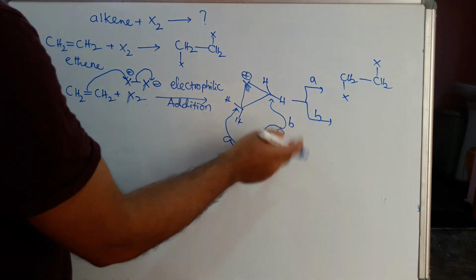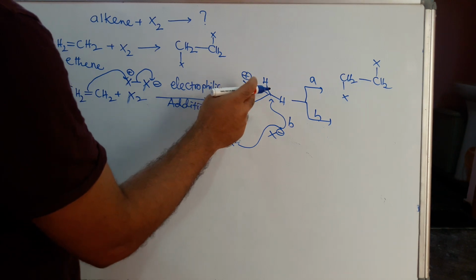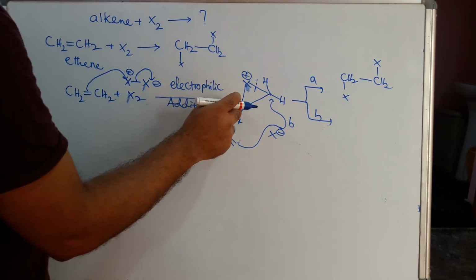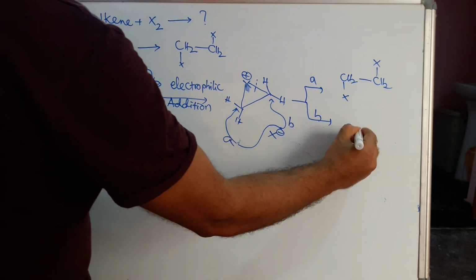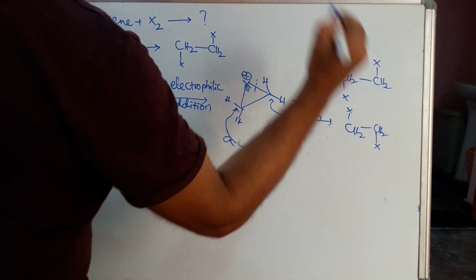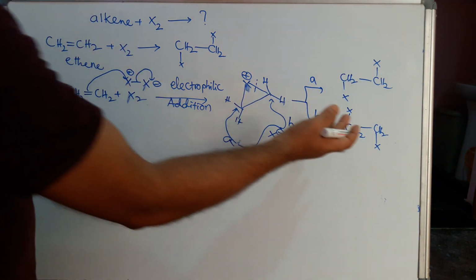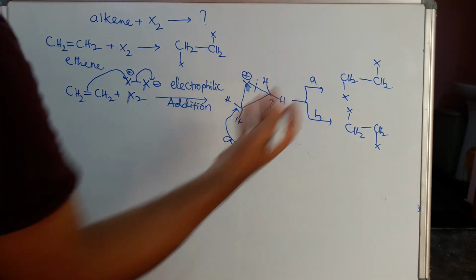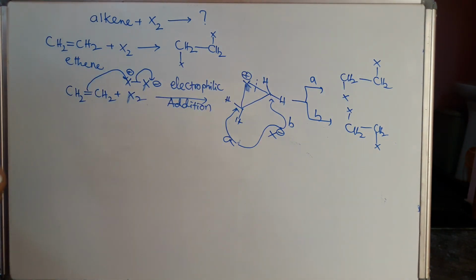If we take path B, then this halogen will break here, and this X belongs to the left side, then that is CH2X up, CH2X down. Similar groups are there, hydrogen, that's why there is no change in both molecules. Both are 1,2-dihaloethane.